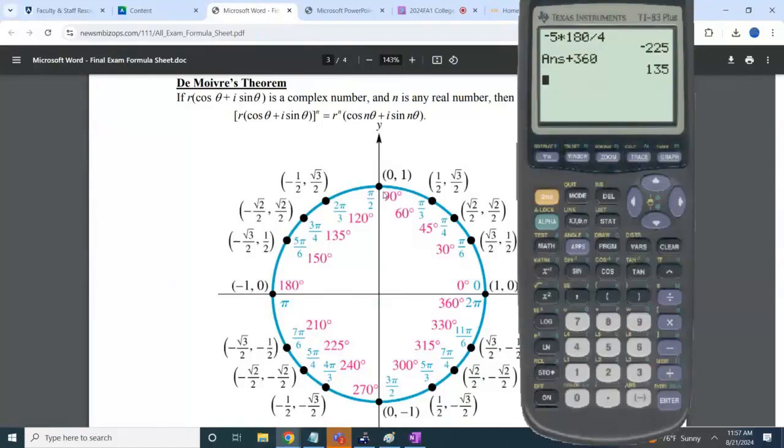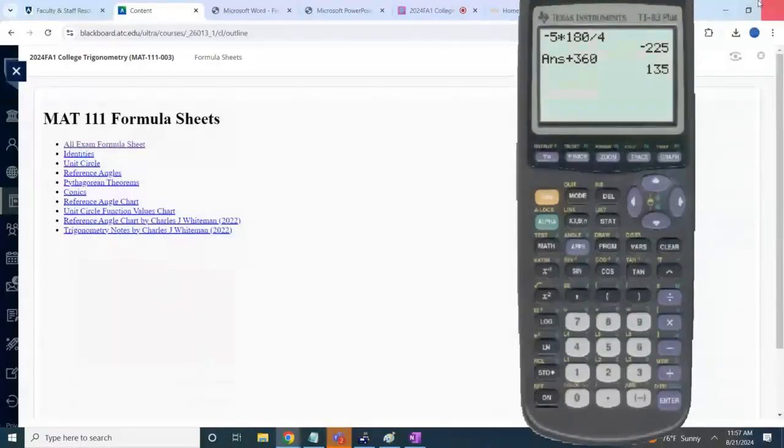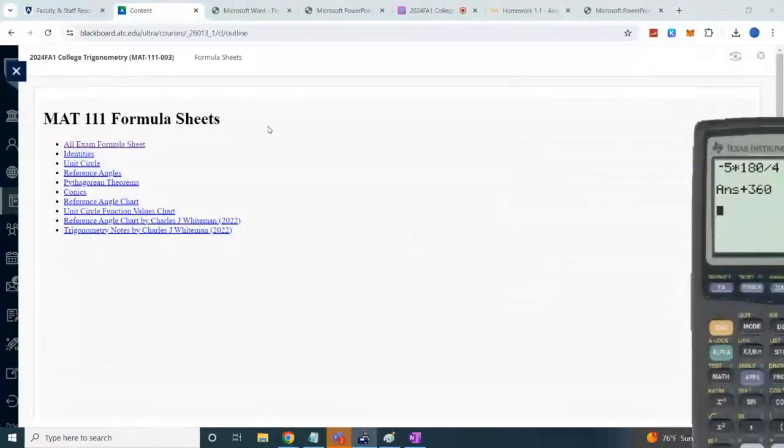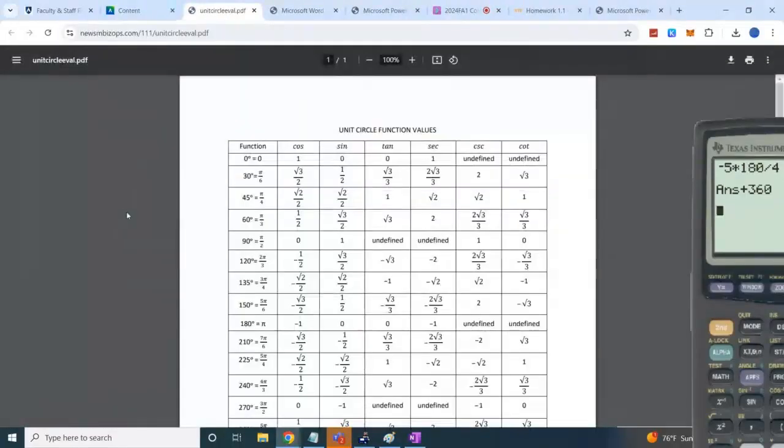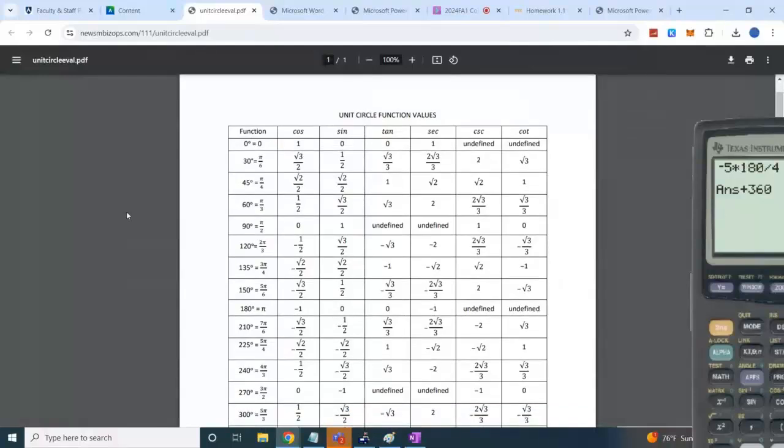Now, as far as the radian degree equivalent, here are some more documents in the formula sheet section. There is this unit circle function values chart. It's just like a big old cheat sheet.